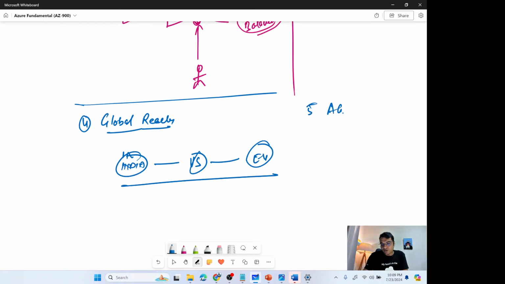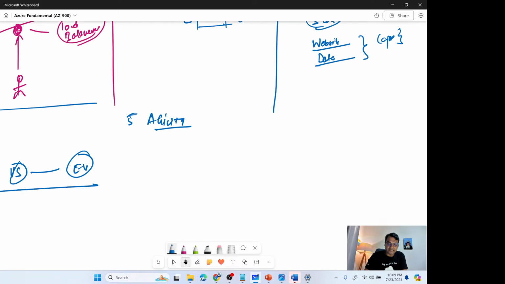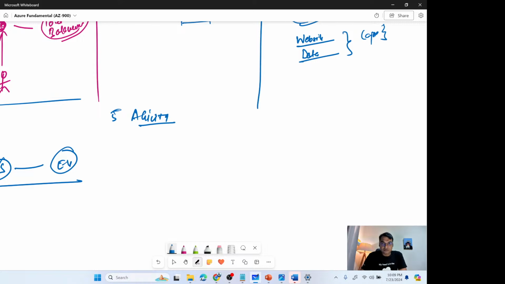Now, the other thing is agility. Agility. We talk about agile. Initially, when she set up her small on-premises data center and she bought everything, it actually took her about 2 to 3 months from the point she got in touch with her friend to then acquiring the hardware, installing the software on that, developing the website, testing the website, deploying the website, and having it operational.